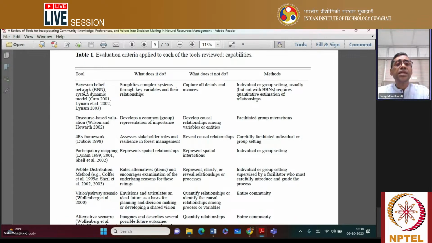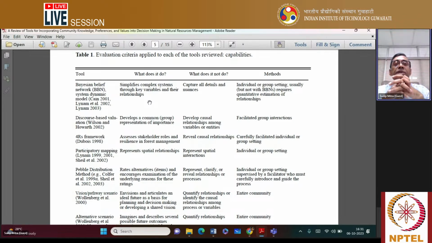Now, if you take the first one, the Bayesian belief network, which is BBN, it's a system dynamic model. What can it actually do? It simplifies our complex system through different variables and their relationships.